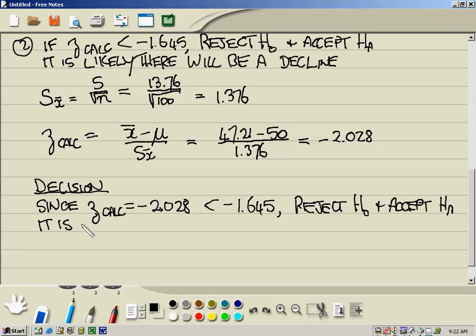Okay, and the interpretation, it is likely there will be a decline. And that's the end of that problem.